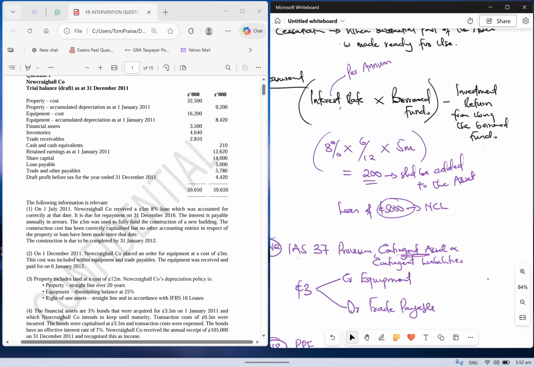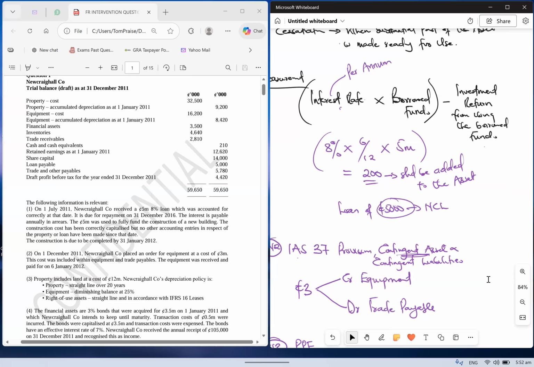Now, but the question said that the construction cost has correctly been capitalized. So they have done the asset part. That is what it said. It has correctly been capitalized. So it means that we have done that part already. Okay.